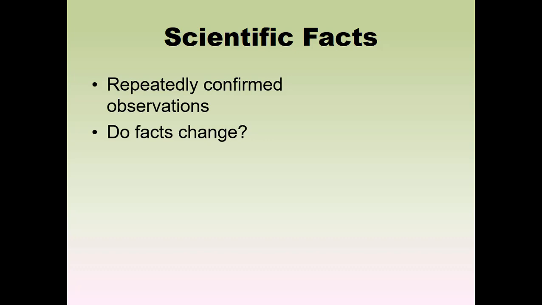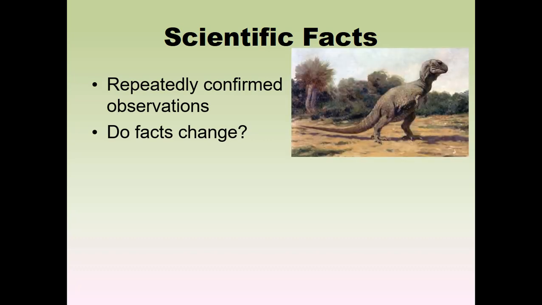So one example that I can present to you, back when I was a kid and we were looking at our good friend T-Rex here, we saw T-Rex was a nice scaly lizard, and it walked in this upright position just kind of like we do. And so that's the way T-Rex looked, and it was accepted as a fact that that's how T-Rex would have walked when I was a kid.